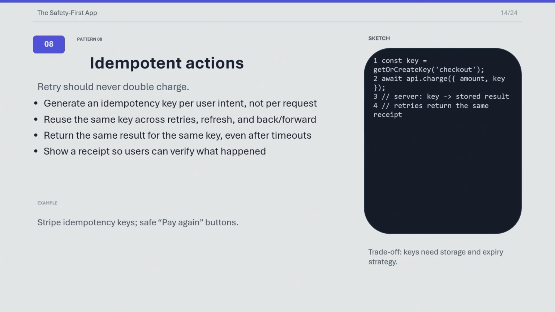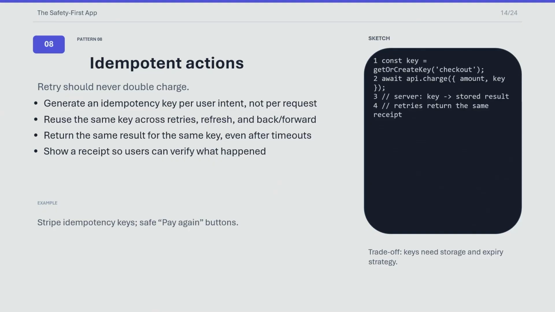And idempotent actions is the next one. Idempotency is a very important consideration in a lot of systems, especially more robust ones, for instance financial systems. In general, it's very important from a data consistency perspective. So retrying should never do a double charge.